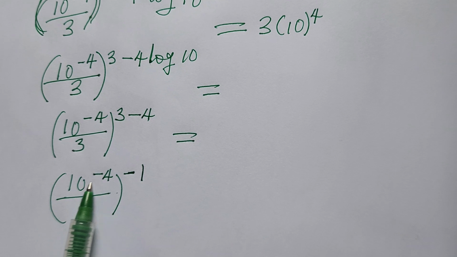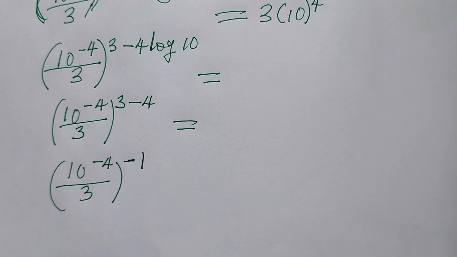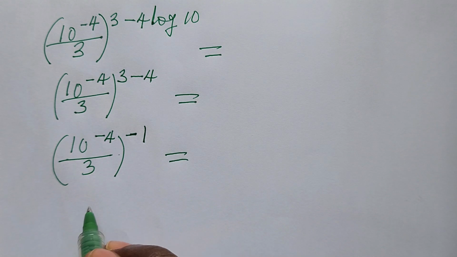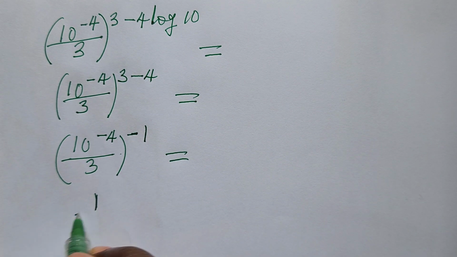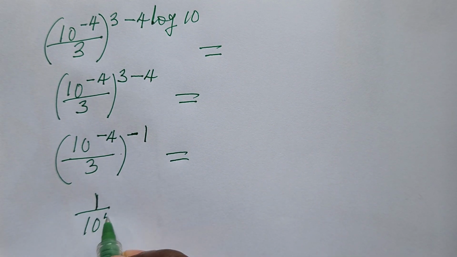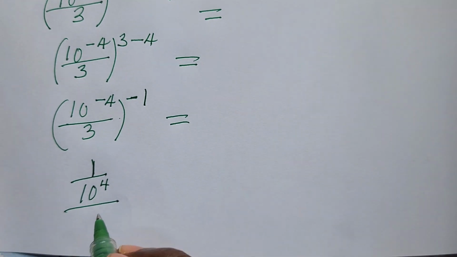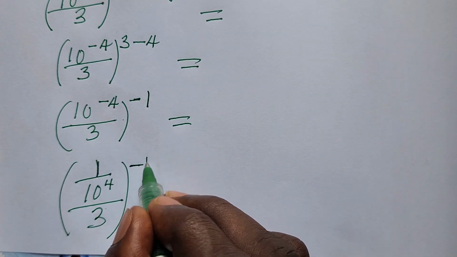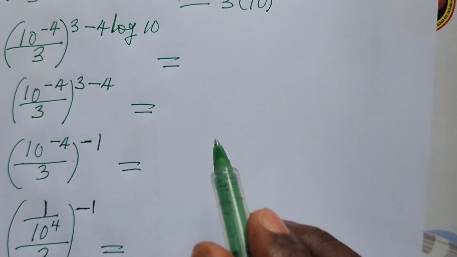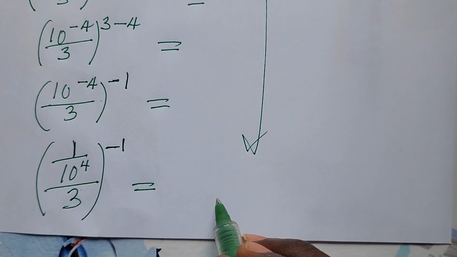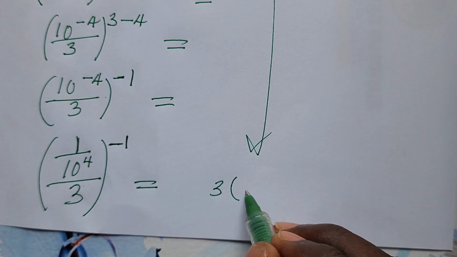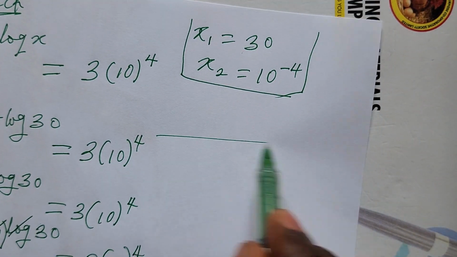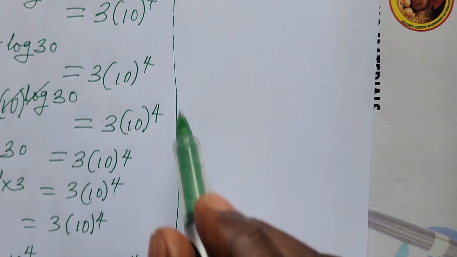Let's write this term we have in here now. We are sticking to our right hand side. So this is going to give us 1 all over 10 to the power of 4, everything all over 3, all raised to the power of minus 1, equal to 3 into 10 all to the power of 4. So let's continue here to conserve space.